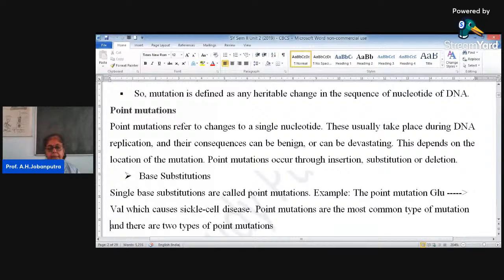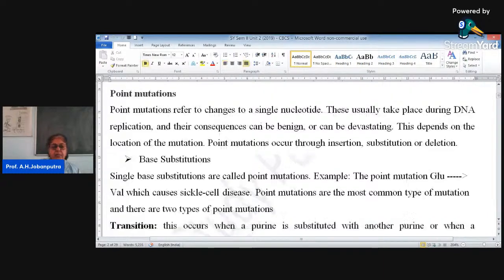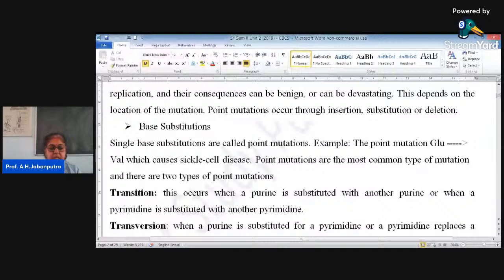Some of these mutations may not affect the phenotypic characters, but some may cause very major changes in the allele or the gene and may affect the phenotypic character to a large extent. These point mutations involve insertion, substitution, deletion. Insertion means addition of a base, deletion means removal of a base, substitution means one base will be replaced by another base. So first we'll see base substitution type of mutations.